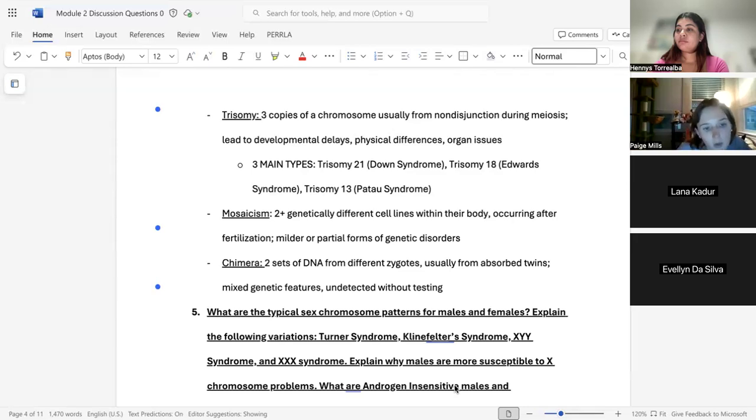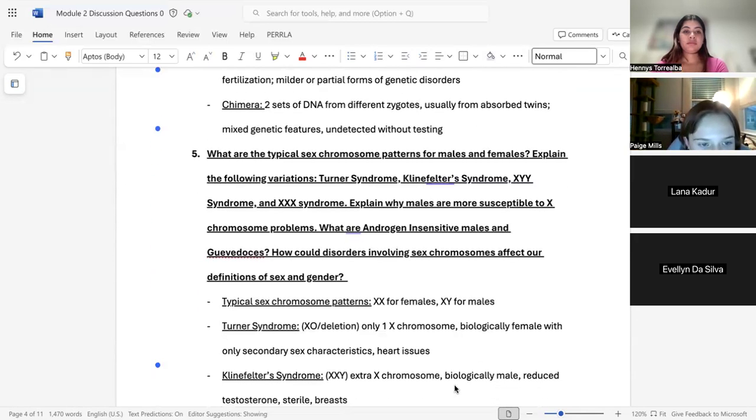And then lastly, chimera is two sets of DNA from different zygotes, usually from absorbed twins. So one baby absorbing another twin, resulting in two sets of DNA. This usually results in mixed genetic features and often goes undetected without genetic testing.